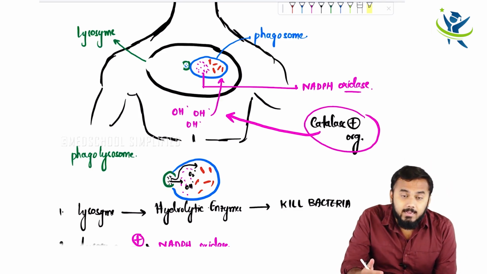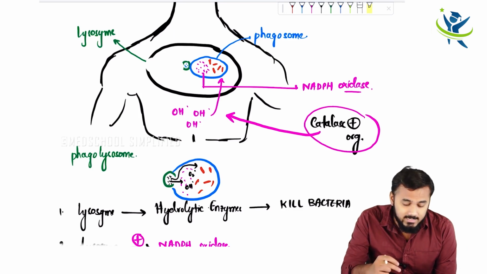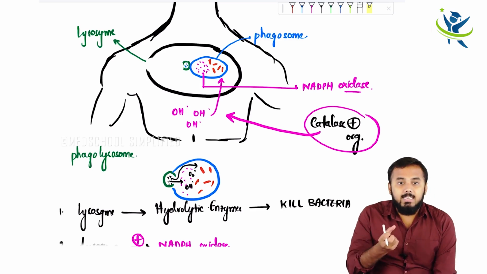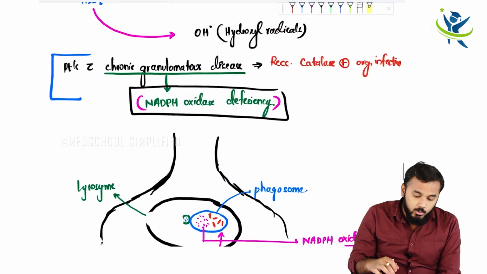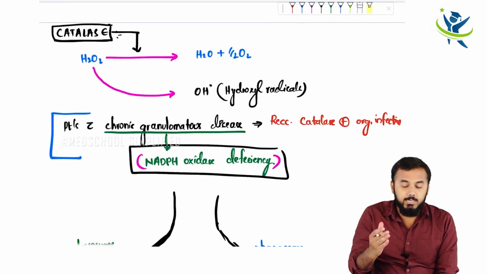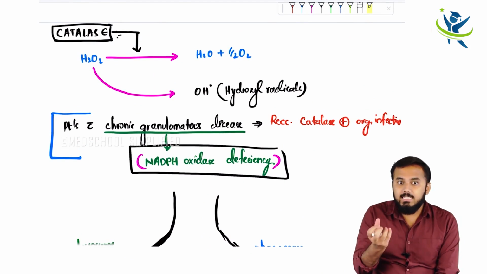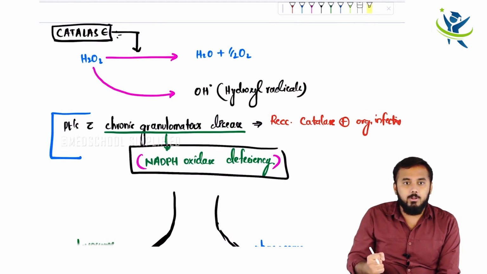But on the other hand, catalase positive organisms also cause diseases in our body. So in these patients, what is happening? I know you are a patient of chronic granulomatous disease with NADPH deficiency, but you are attracting these catalase positive organisms to enter into your body.